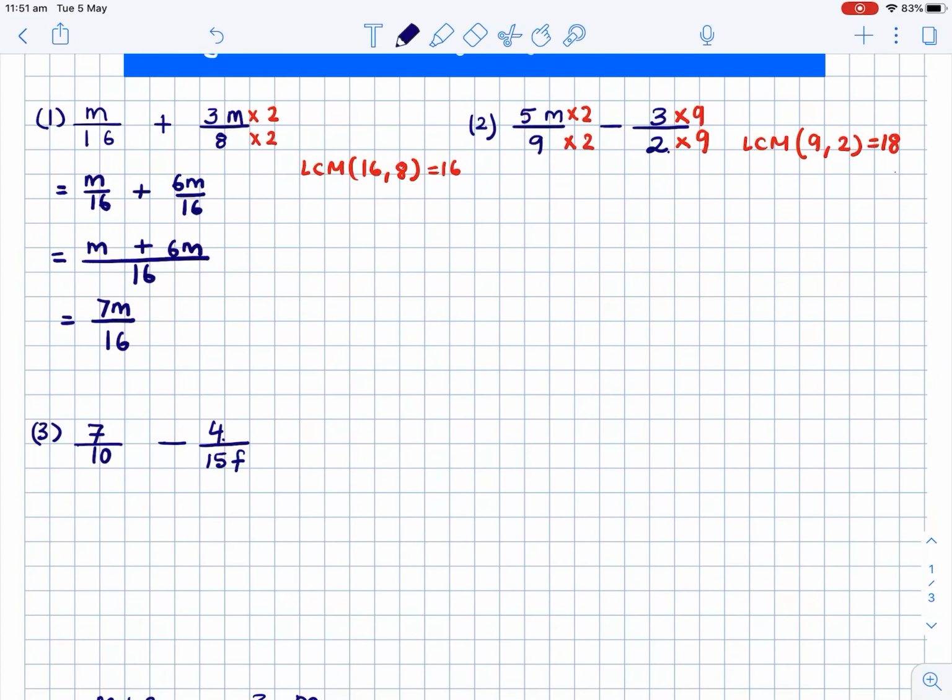And now this can be written as 10m over 18, take away 27 over 18. If you combine both fractions by writing with the same denominator, we get 10m take away 27. Now 10m and 27, they are unlike terms, so they cannot be simplified further. So you can leave it as 10m minus 27 over 18.